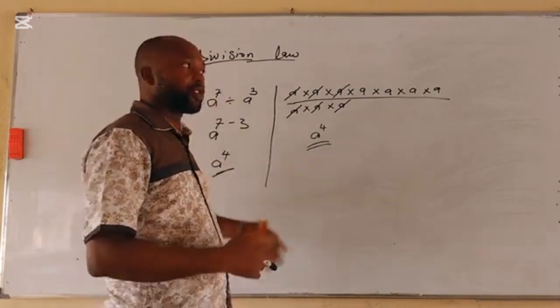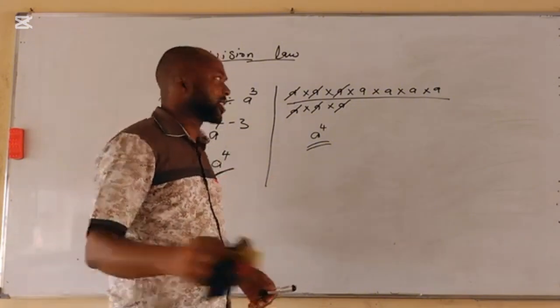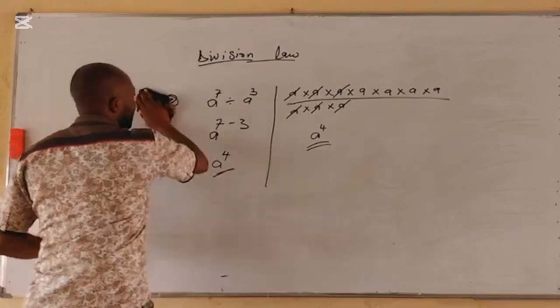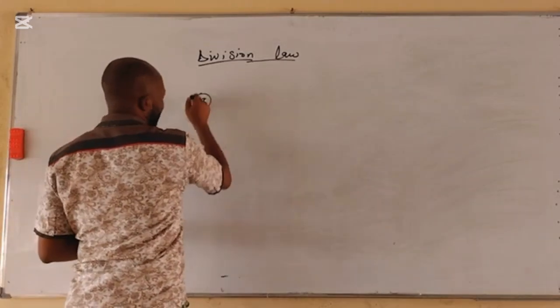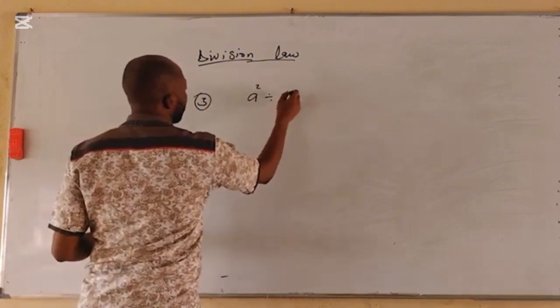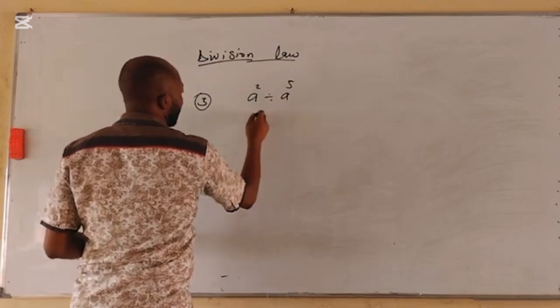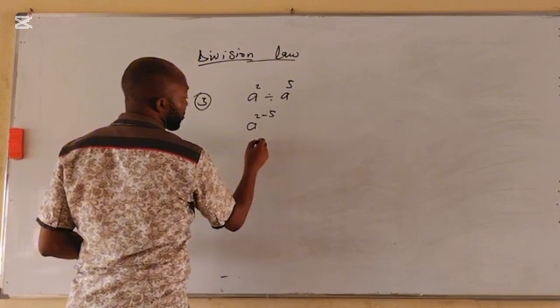All right. So there will be cases where you will likely get a negative value when you do this. Okay, let's take another example, example 3. If I have something like a raised to the power 2 divided by a raised to the power 5. This is a raised to the power 2 minus 5, and this is a raised to the power minus 3.